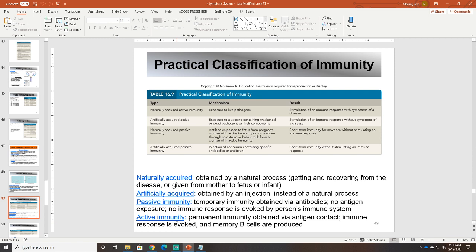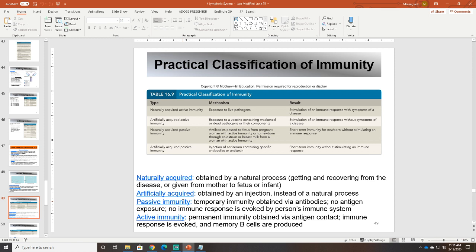We are exposed to bacteria, and then our B and T cells recognize the bacteria and develop their own antibodies against them. Now you can have artificially acquired passive and active immunity as well. Artificially acquired passive immunity would be where we're again giving someone an injection of antibodies.